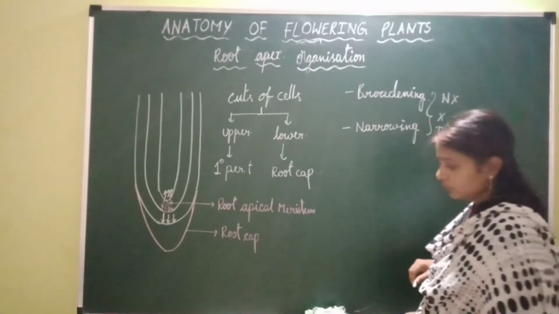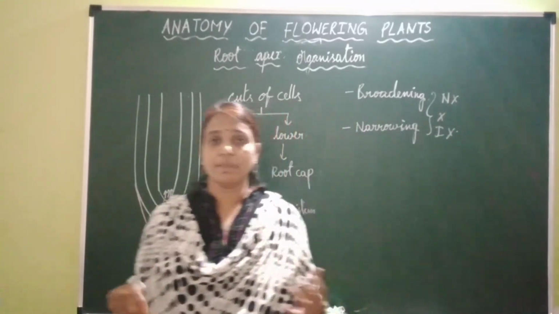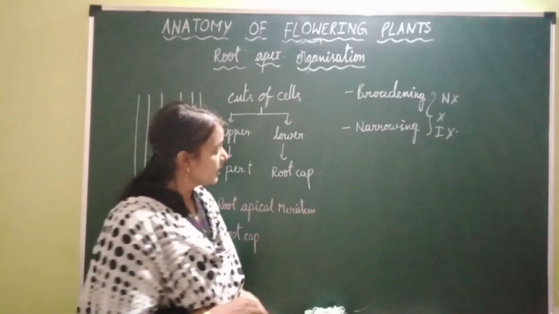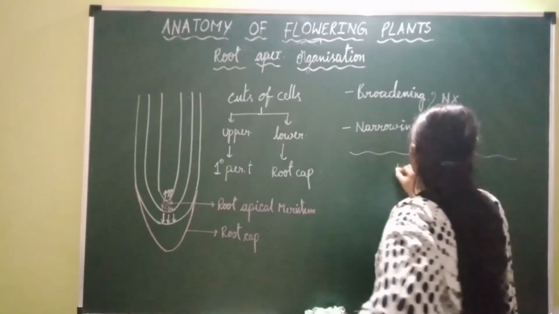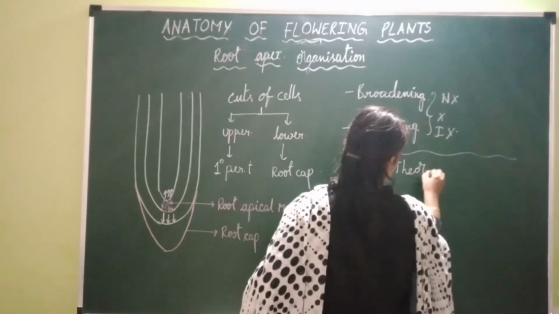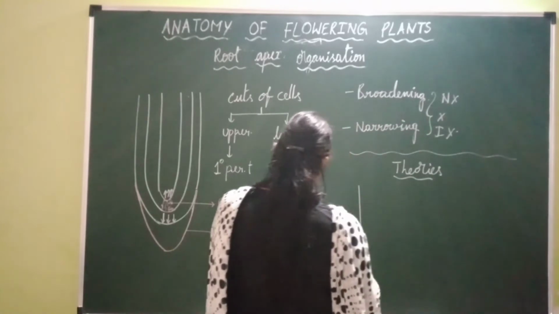To explain this root apex organization, different theories are given by different scientists. Now let's study these theories which explain the root apex organization. There are three different types of theories. I am writing these theories, and next I will explain all of them one by one.